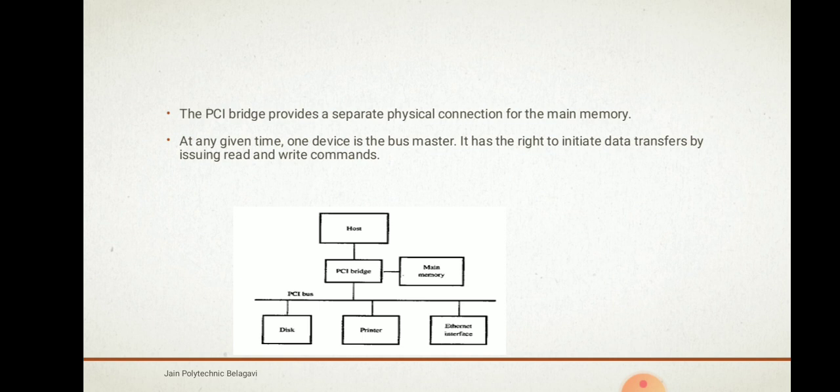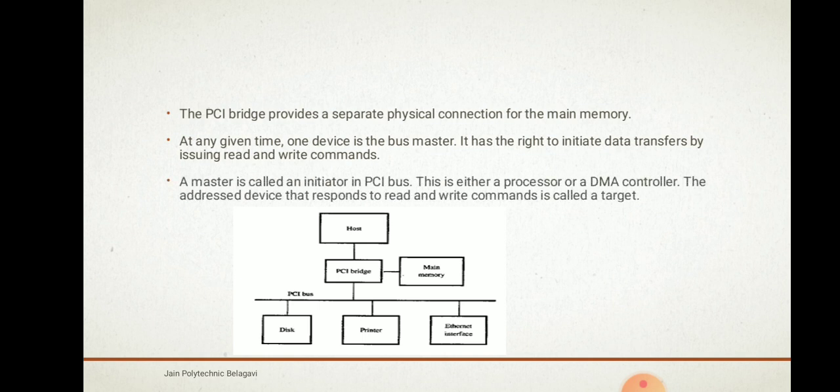It has the right to initiate data transfer by issuing read and write commands. So either the disk, printer, or Ethernet interface may act as a bus master. The master is called the initiator in the PCI bus, and it is either a processor or a DMA controller. The addressed device that responds to read and write commands is called the target. It may be the disk, printer, or Ethernet.